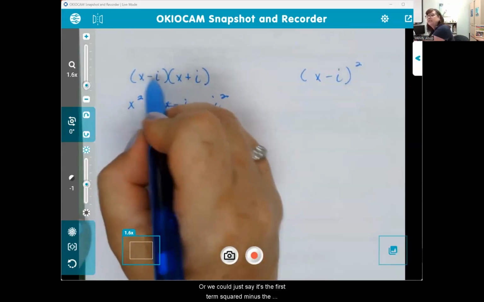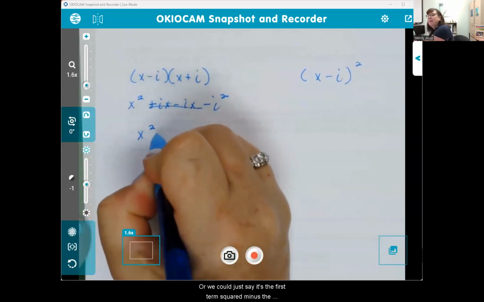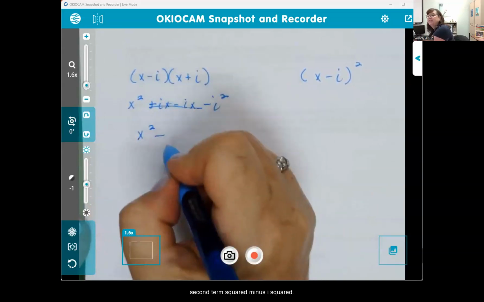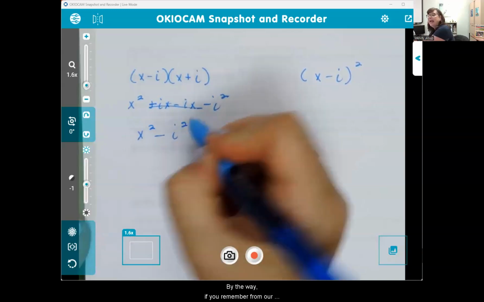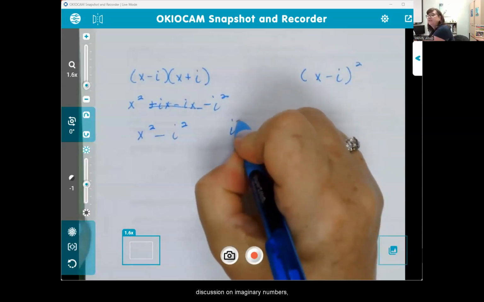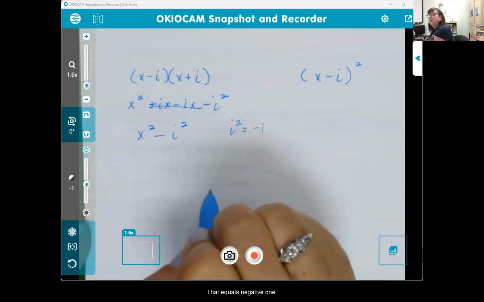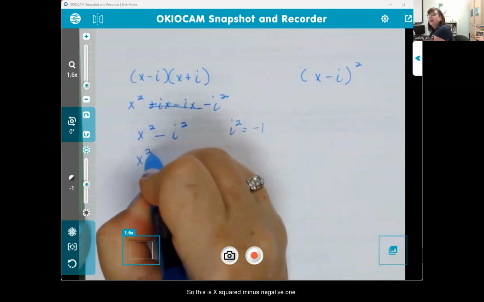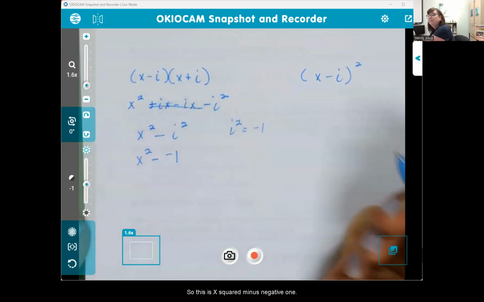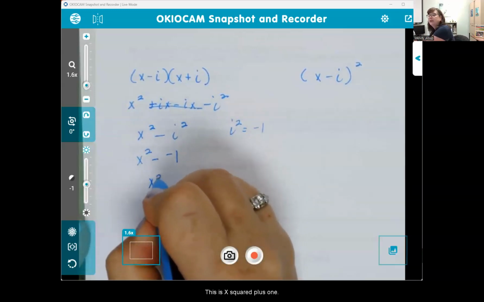Or we could just say it's the first term squared minus the second term squared, minus i squared. By the way, if you remember from our discussion on imaginary numbers, what does i squared equal? That equals negative 1. So this is x squared minus negative 1. This is x squared plus 1.